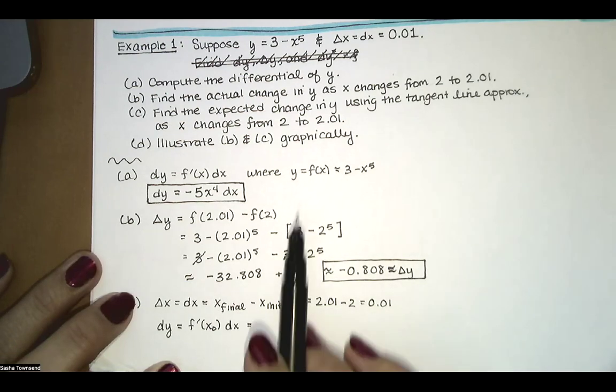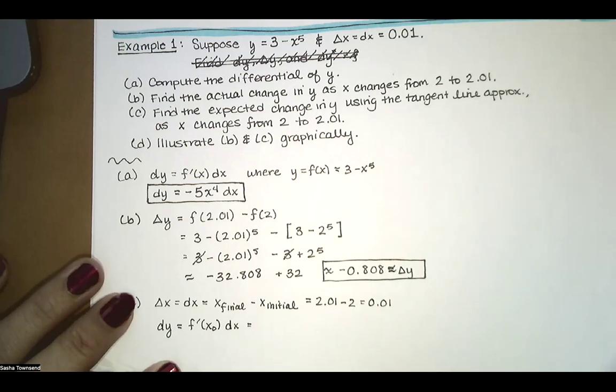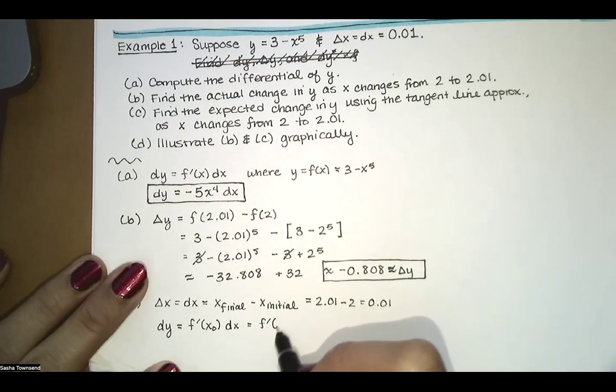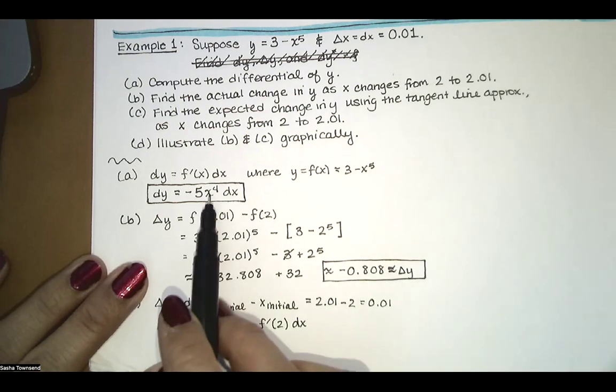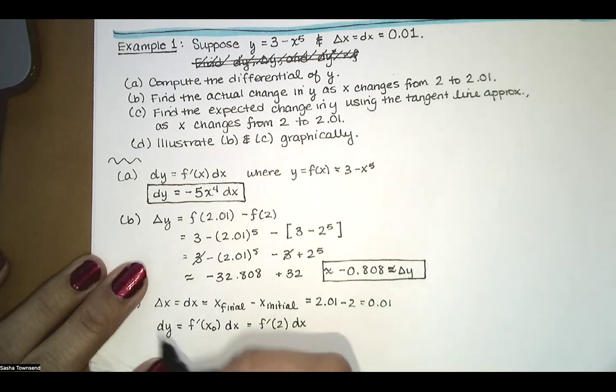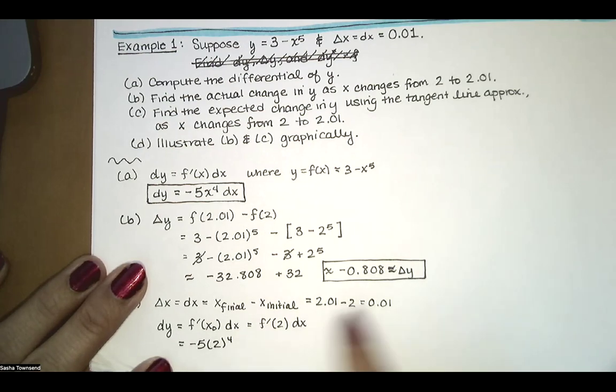So we're starting at that base point of x equals 2. So we're going to have f prime of 2, and we'll multiply by dx. Well, f prime of 2 is that negative 5 times x to the fourth evaluated at 2, and then we multiply by that 0.01.